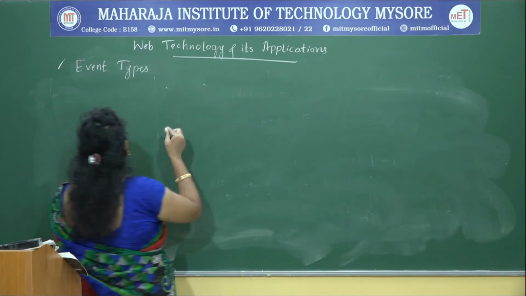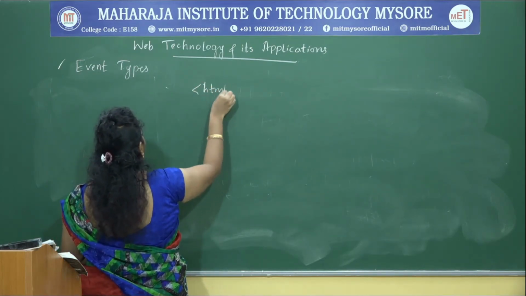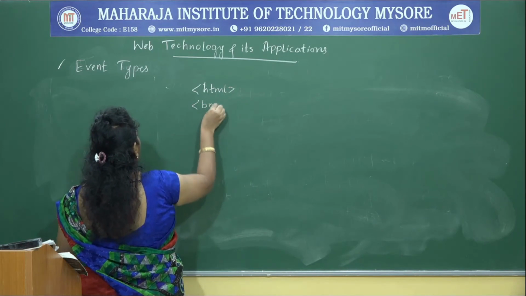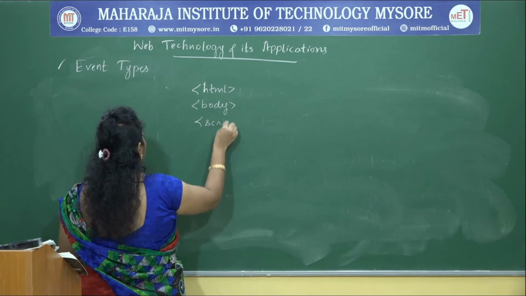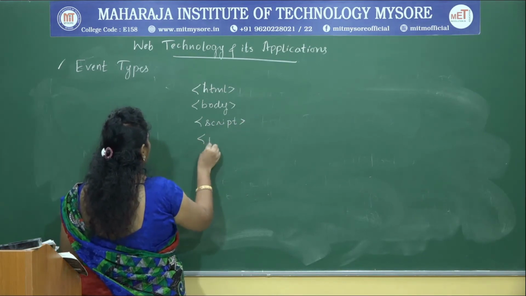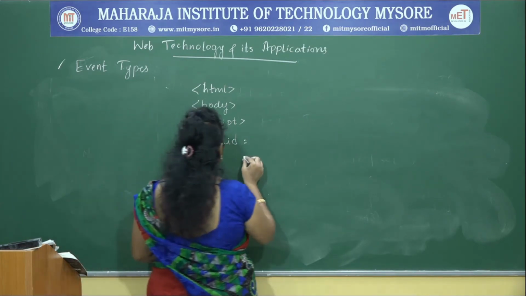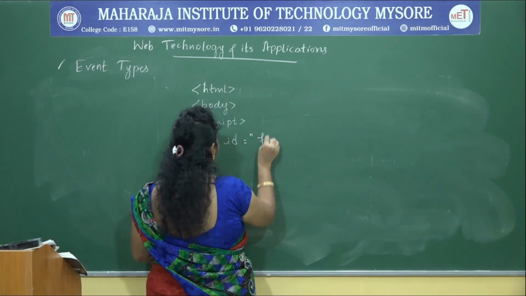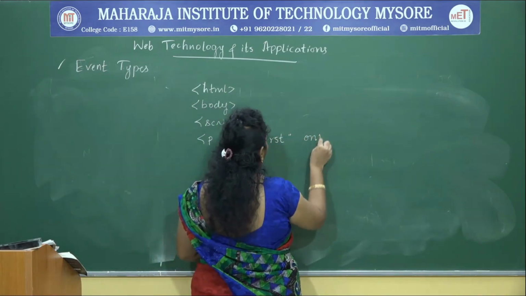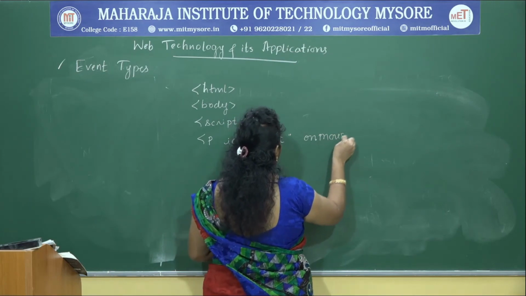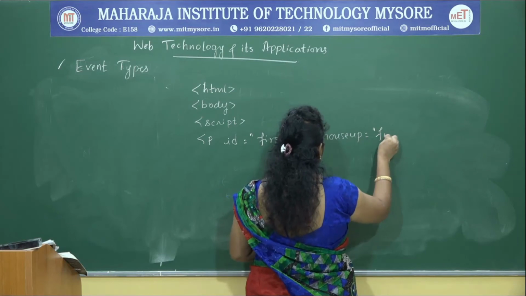Example to illustrate mouse events: that is HTML, then body, then script, that is p id equals first. We have on mouse up; by that time it calls one function, f1.